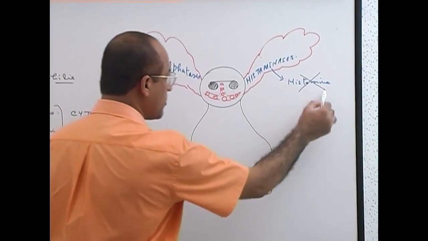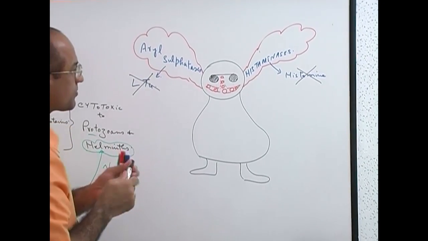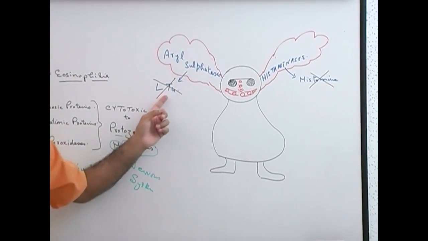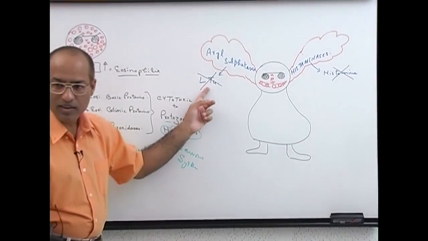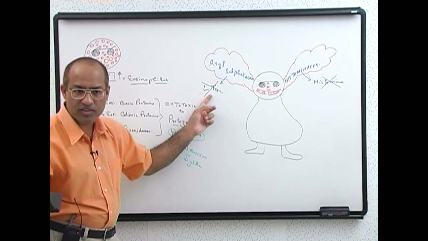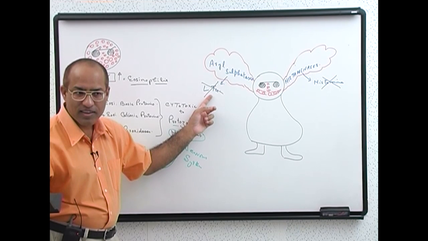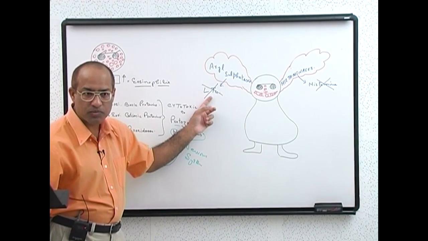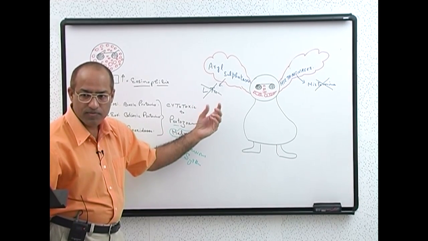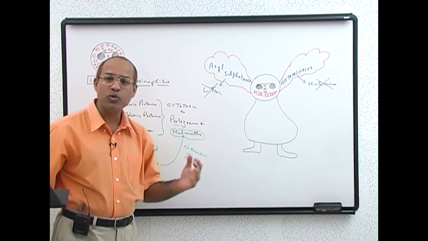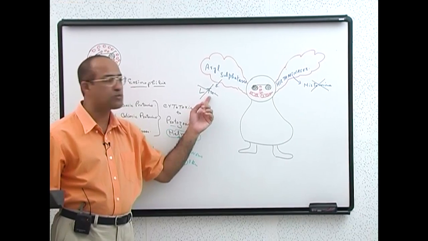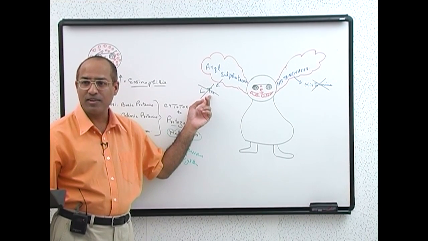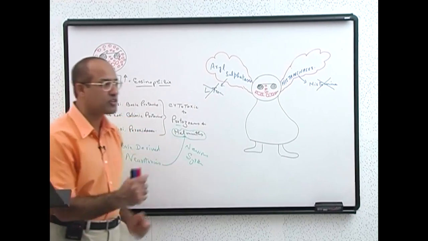So these are the two very important functions: arylsulphatases break down leukotrienes. Leukotrienes are the products produced at the site of injury, right? And especially leukotriene B4 produces attraction for the neutrophils. In the books it is written leukotrienes, but I think it should be leukotrienes because these substances are produced by the leukocytes.